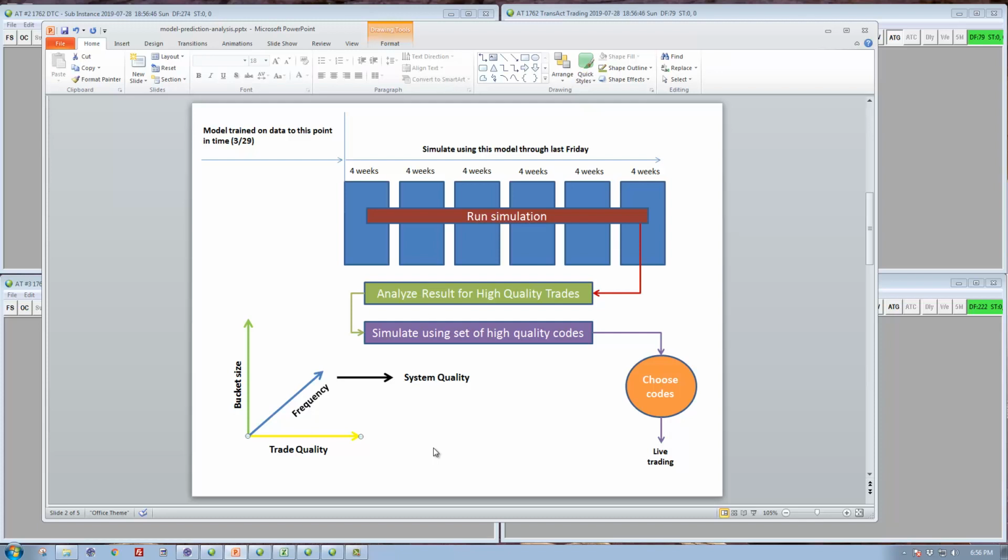Good quality means the fewest number of trades with the most profitability. I call that the efficiency ratio, or the ER. Really, it's just profit in ticks divided by number of trades.